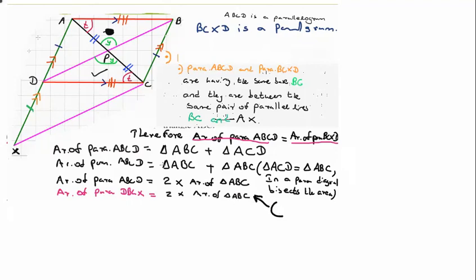If they ask how ABCD got replaced with DBCX, you can simply say area of parallelogram ABCD is equal to area of parallelogram DBCX, and put a comma.